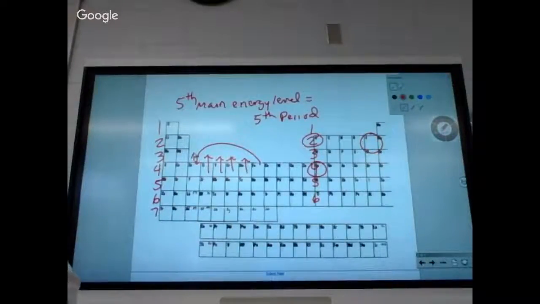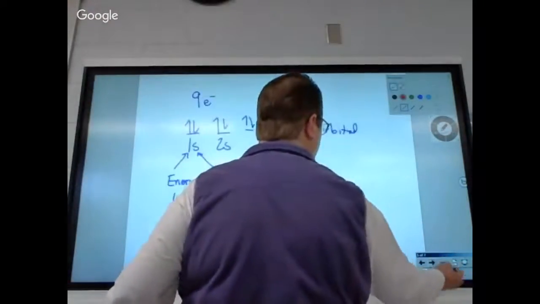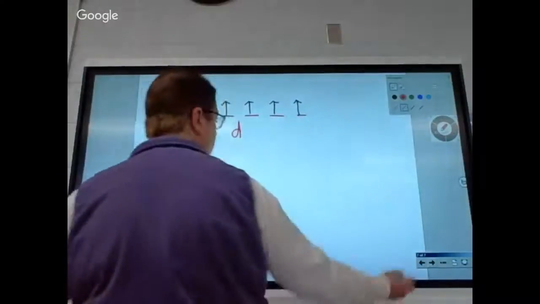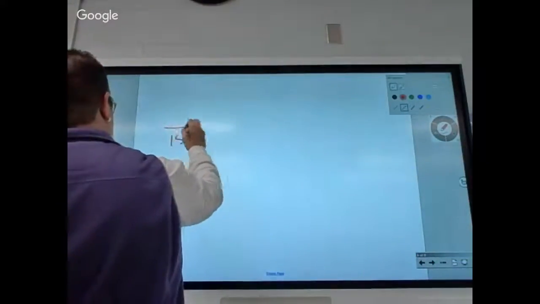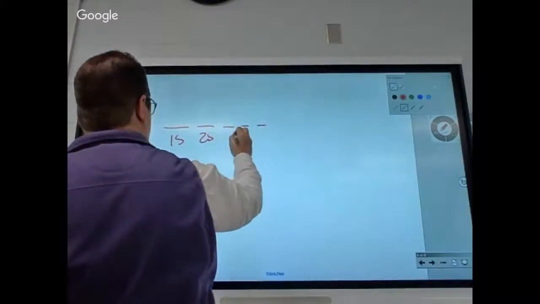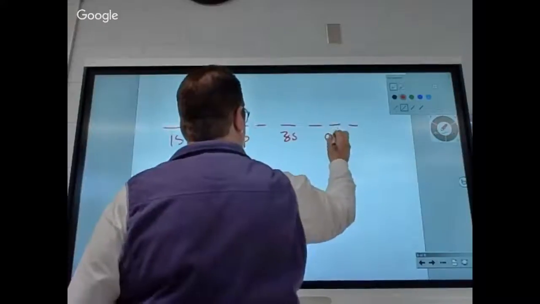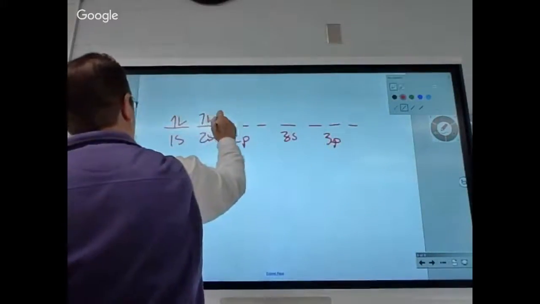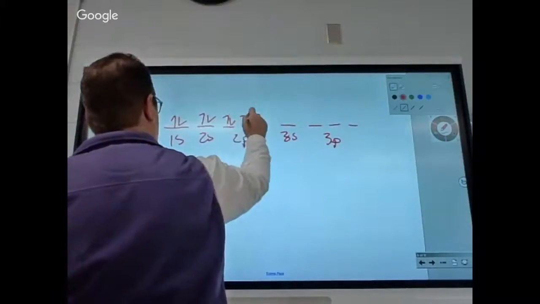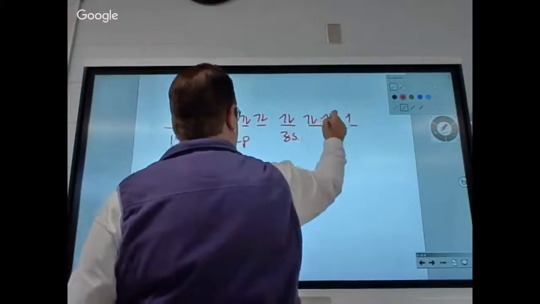All right. The total number of orbitals filled in chlorine. How would you do that? You'd have to draw the orbital notation, then count the lines. So chlorine has 1, 2, 3, 4, 5, 6, 7, 8, 9, 10, 11, 12, 13, 14, 15, 16, 17.